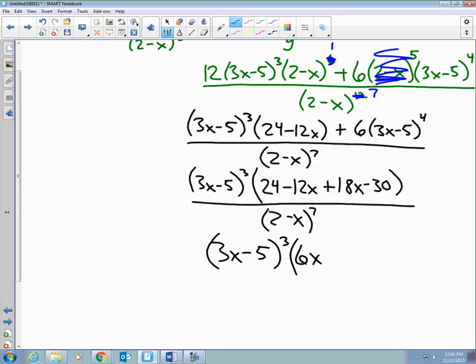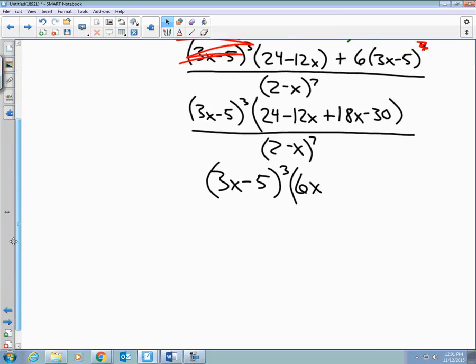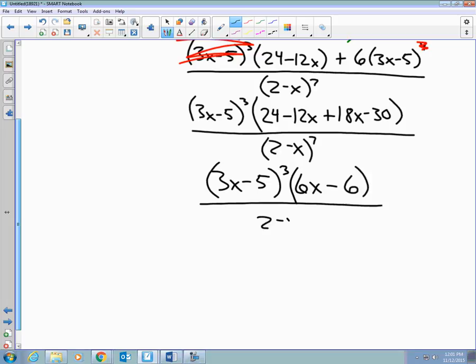So when I took that out, there was nothing left here, right? It's sitting right there. And when I took it out here, it reduced it to 1. So you had 6 times 3x and so on. Okay. All right, so you end up with 6x, and then a minus 6 all over 2 minus x to the 7th power.